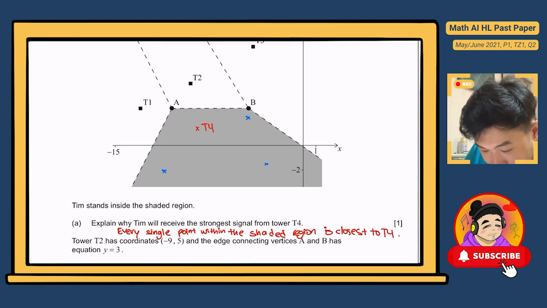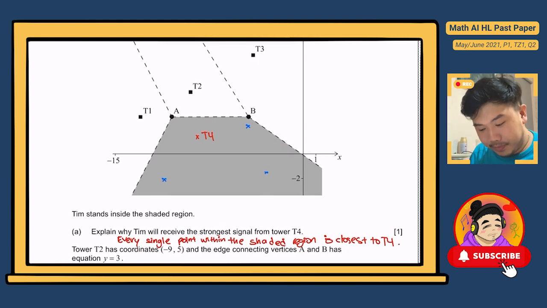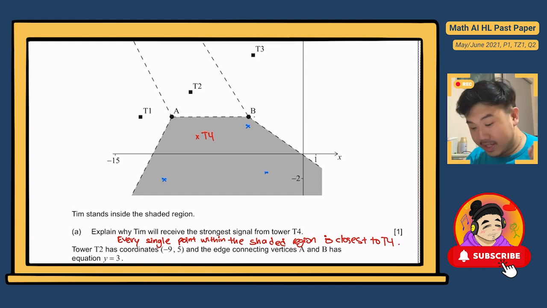Now, the next question is, write down the coordinates of T4. This is a very important part of Voronoi diagrams. The neighboring points within a Voronoi diagram are perfectly reflected by the edge or the line that separates them.